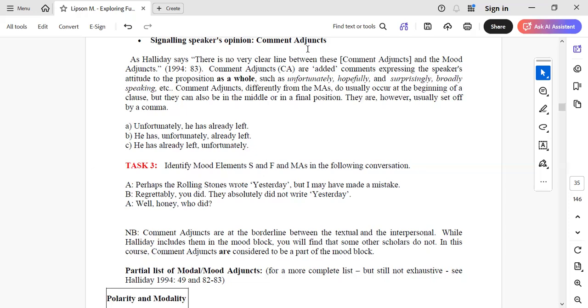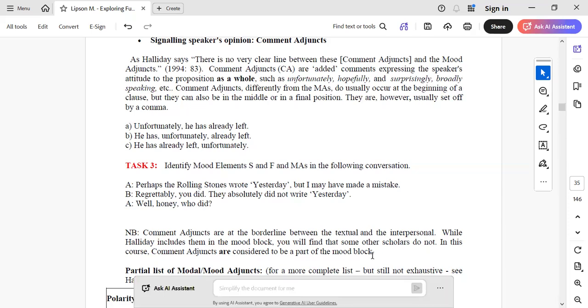Okay. And now comment adjuncts are at the borderline between the textual and interpersonal. So while Halliday includes them in the mood block, you will find that some other scholars do not. In this course, comment adjuncts are considered to be part of the mood block.